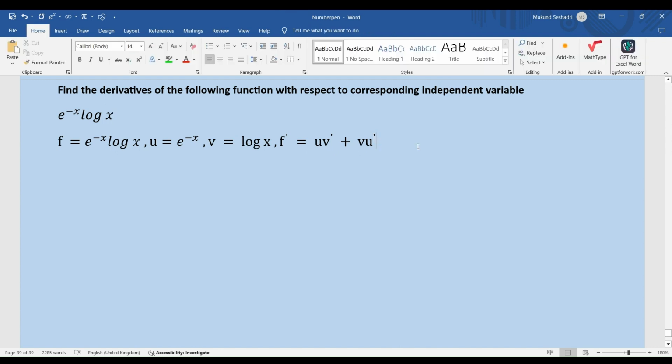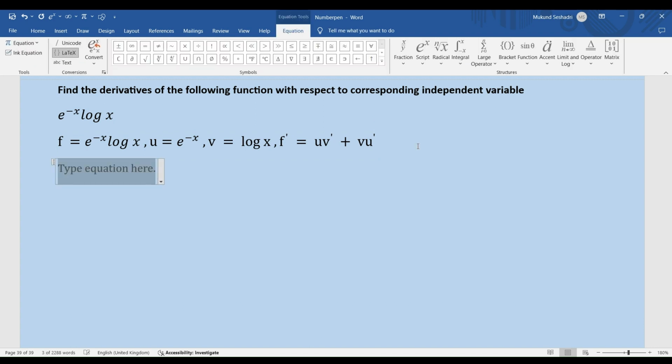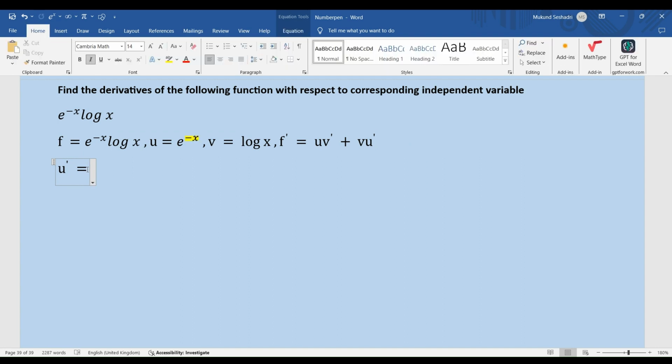So now I know my u and v. We will have to figure out what is our u dashed and v dashed, right? So let's start off with u dashed. So this is where I'm going to apply the chain rule of differentiation, right? My chain rule, what does it state?